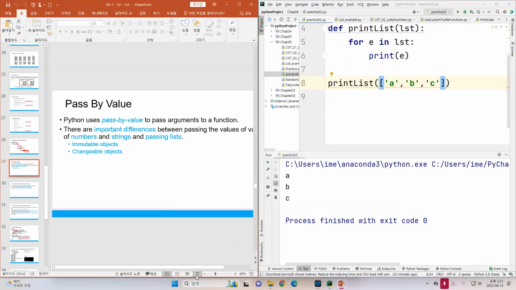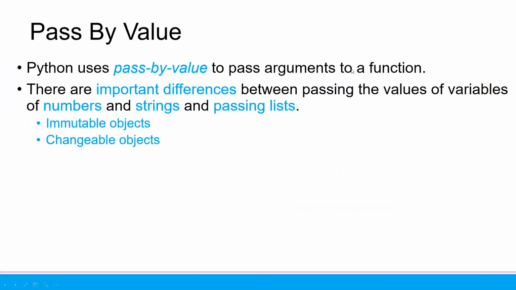Python uses pass by value to pass arguments to a function. There is an important difference between passing the values of variables, numbers, and strings, and passing a list. You know that some objects are immutable and some objects are changeable.